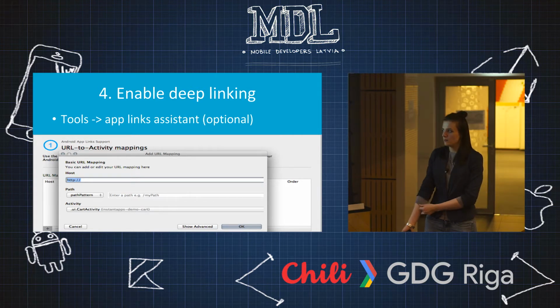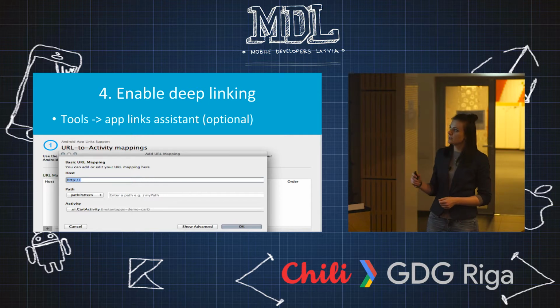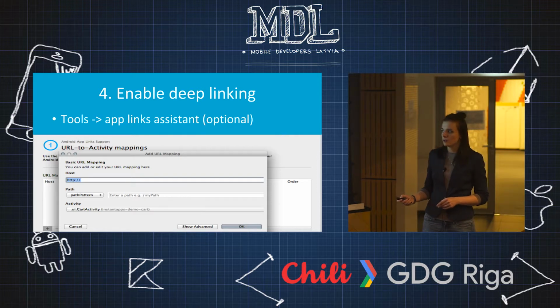It's pretty simple. When you launch this Deep Links Assistant, you want to create a URL to activity mappings. It lists all your activities. You can provide a host and a pattern. For example, in my case the host was Yanina, which is my name and my domain that I use, and then /Tyler app, and for each activity that I had, I would provide a path pattern.